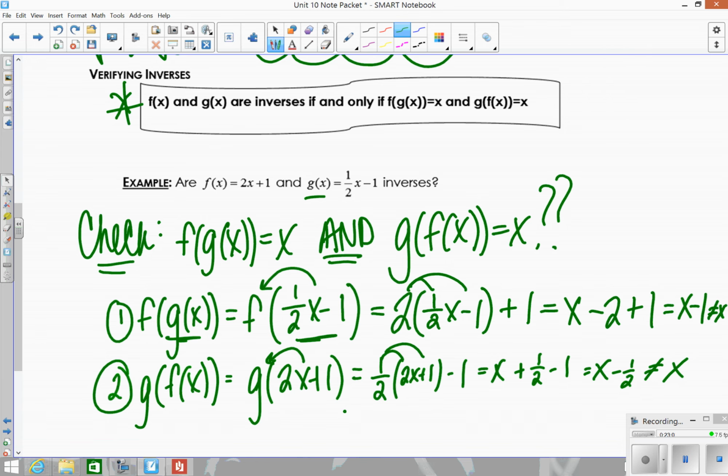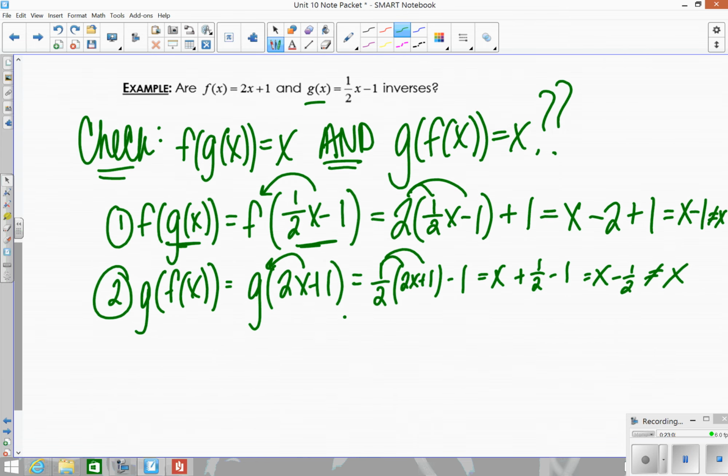So thus, since these both do not equal x, we know that these two functions are not inverses. And remember, both of them have to equal x. So even if this one equals x, that does not mean that these are inverses of each other.